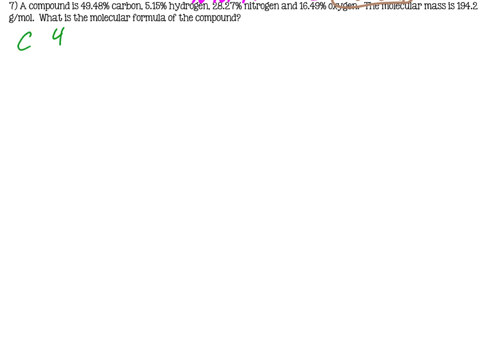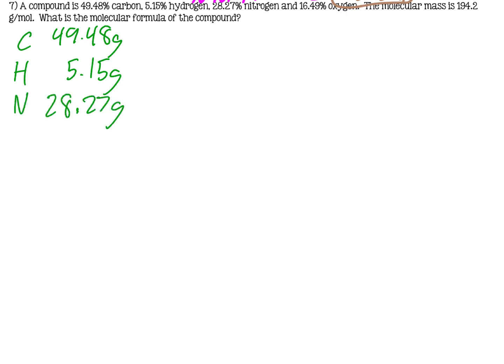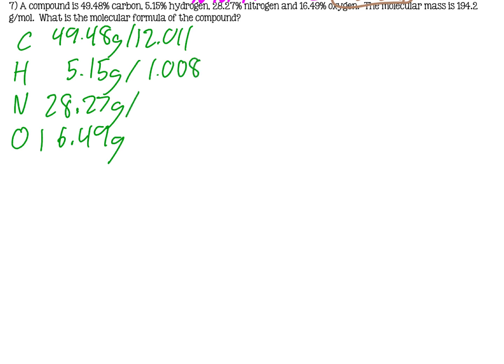A compound is 49.48% carbon, 5.12% hydrogen, 28.27% nitrogen, and 16.49% oxygen. The molecular mass is 194.2 grams per mole. What is the molecular formula of this compound? First things first, let's convert all of our percentages into masses. So 49.48 grams of carbon, 5.15 grams of hydrogen, 28.27 grams of nitrogen, and 16.49 grams of oxygen. We can then take each of these numbers and divide by their molecular masses.